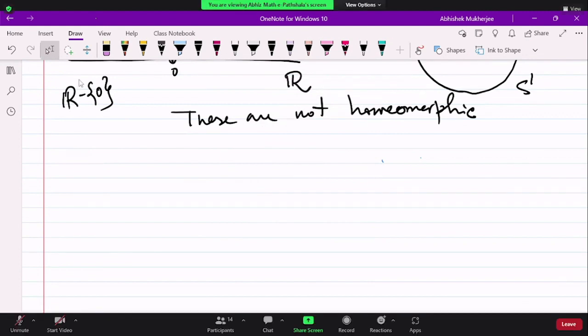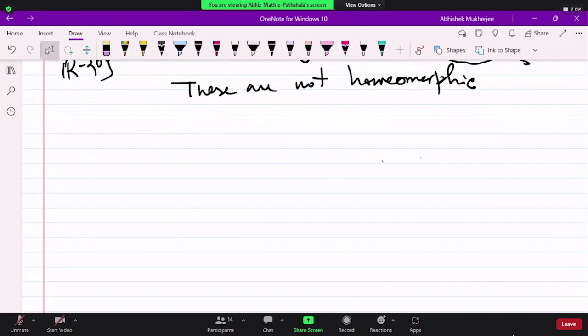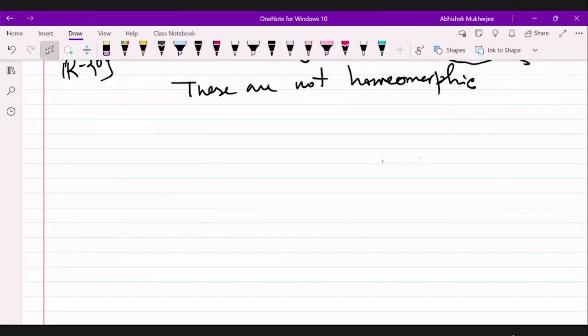Now look at another two familiar spaces: R2 and R3.